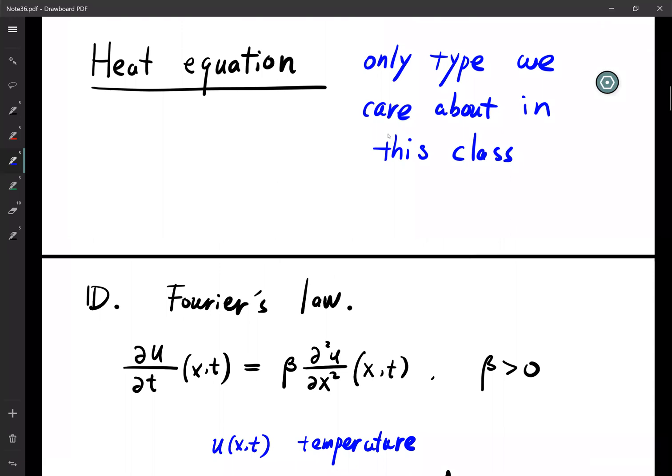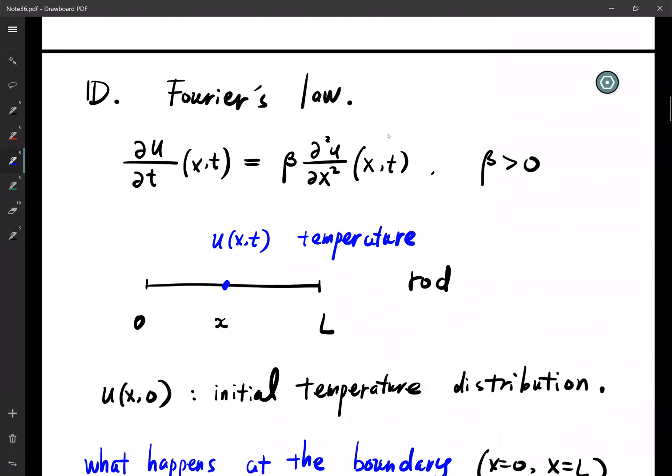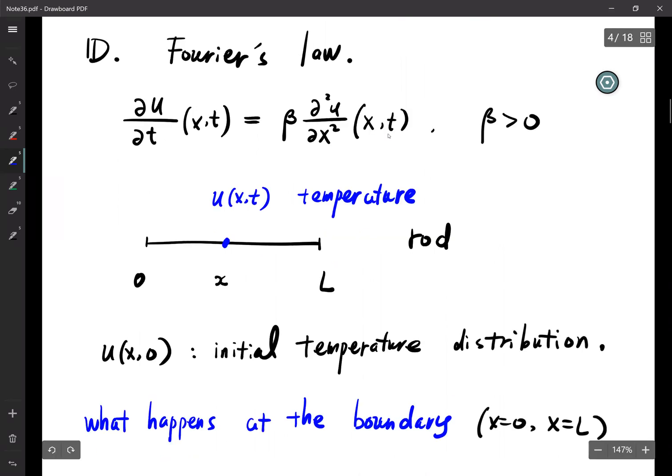It looks like this. Then we temporarily forget about the initial data and only focus on the boundary. We realize that just due to physics, there are many ways to set up this problem by setting up different boundary conditions. I give you two examples.